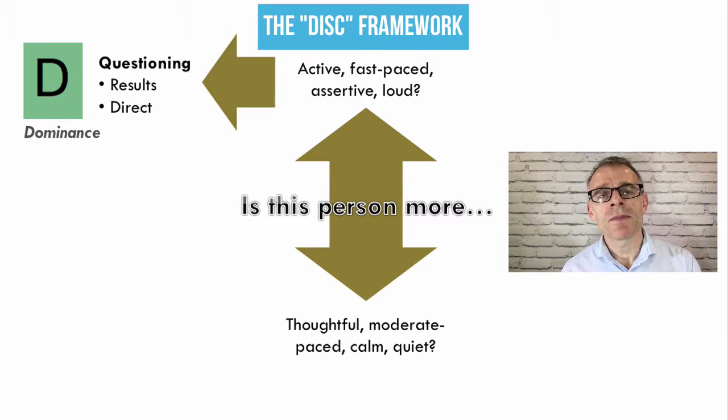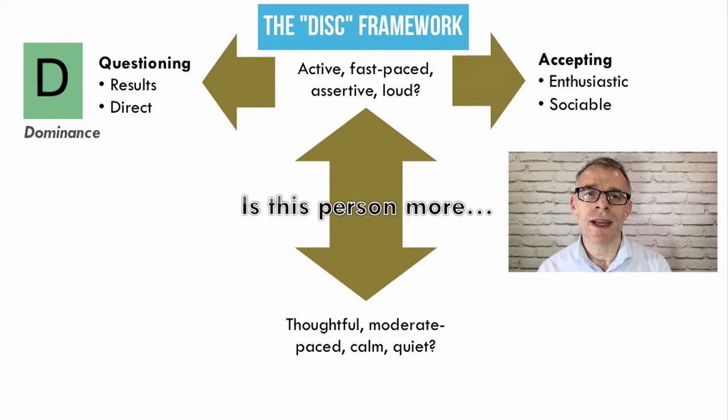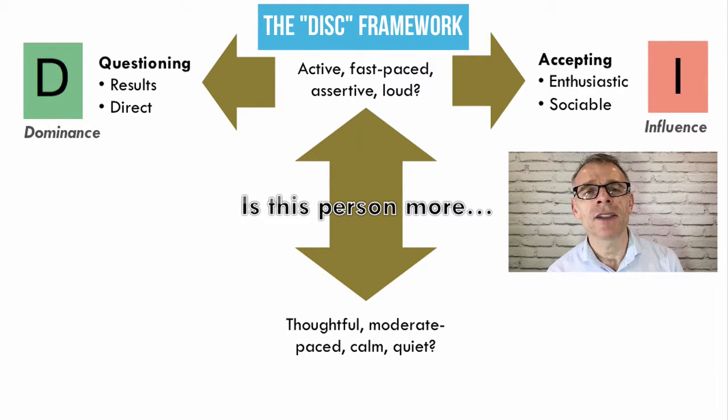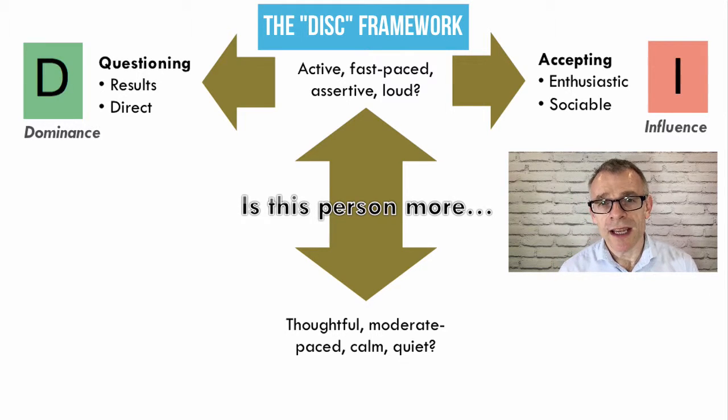Equally on the outgoing spectrum, but more on the accepting side, more of the relationship side of the equation, we have the I's, and the I's are linked to influence. So influence people are very much driven by relationships. They want to be liked. They want to be people who are within the center of the group, influencing and bringing people with them, but in a quite outgoing and quite bold way. So that's D and I.